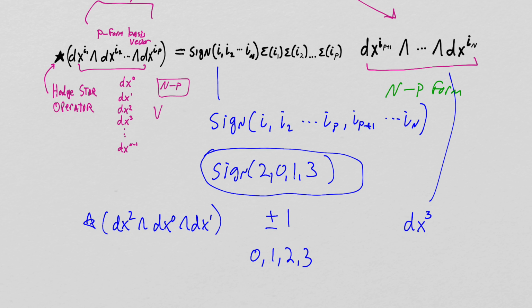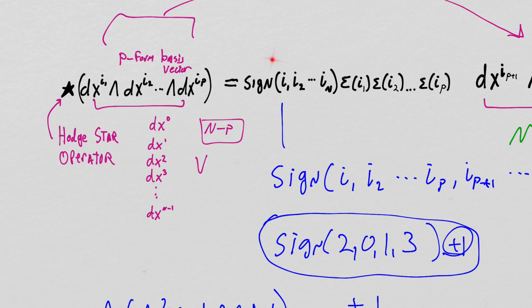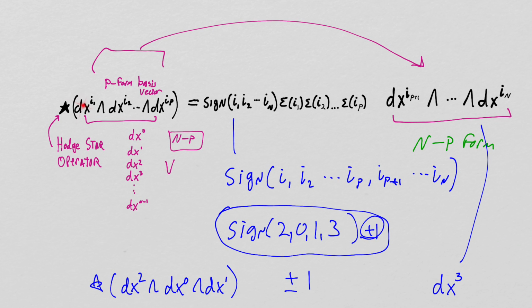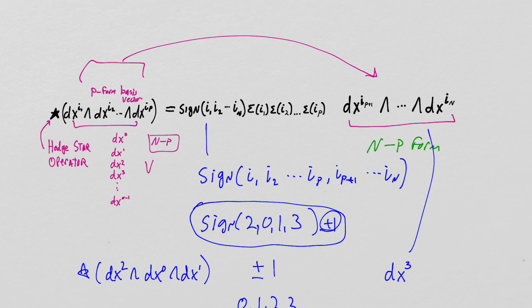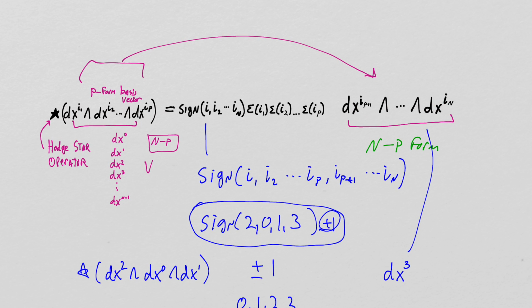So in this case, I have to move the 2 over once and over twice. So this would be an example of a plus 1 sign. So this sign term comes as a plus or minus 1 to compensate for how this overall sequence compares to 0 through n in order.